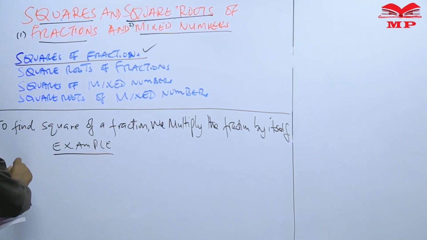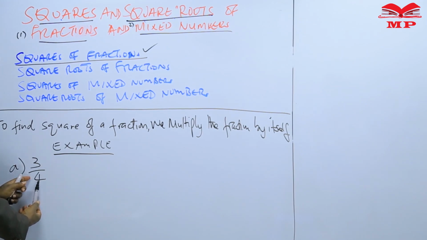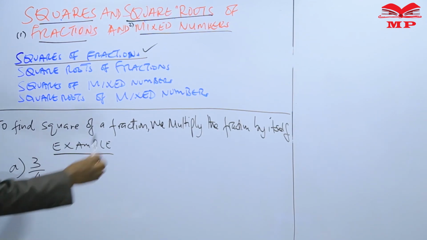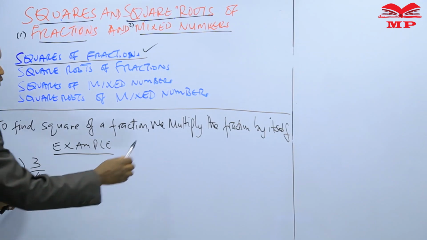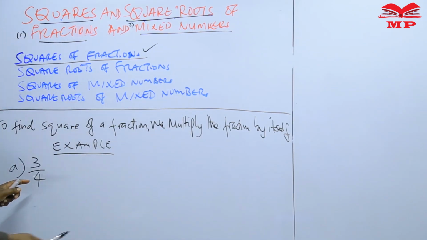A, 3 over 4. What is the square of 3 over 4? 3 over 4 is a fraction. To find the square of 3 over 4, we multiply the fraction by itself.